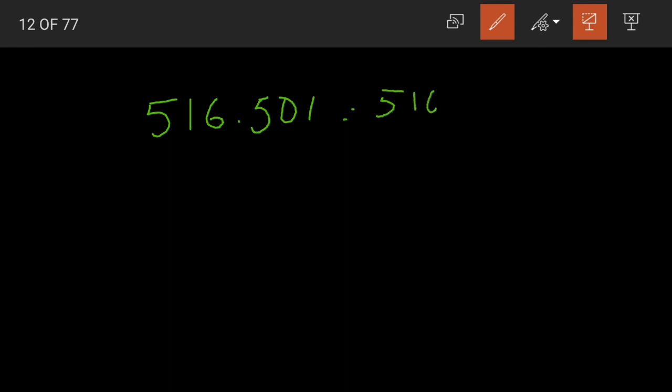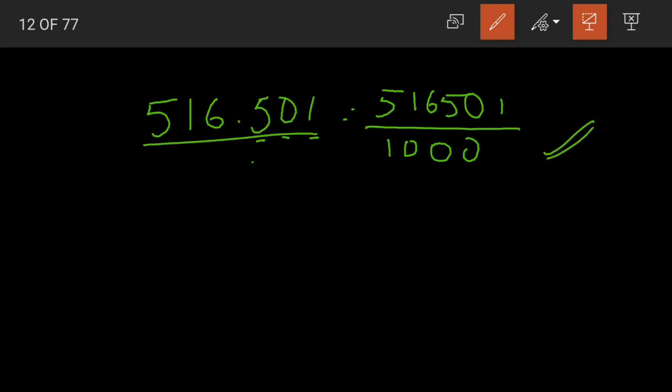First write the number as it is without any point, divided by 1, and after 1, how many decimal places do we have? We have 3 decimal places. So after 1 we need to place 3 zeros. Understood, children? 516501 over 1000. This will be our fraction, the decimal converted into a fraction.